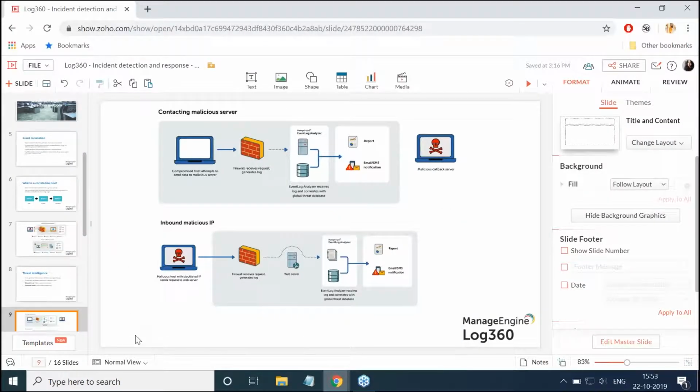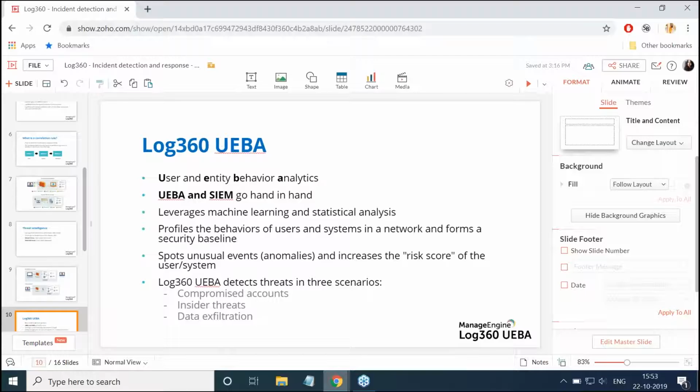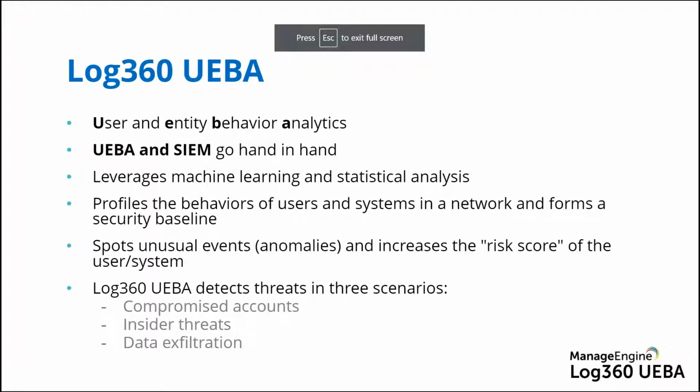Now, the final incident detection method that we are going to be talking about is user and entity behavior analytics. UEBA is an incident detection method which does not require any preset rules or any external information like threat feeds to identify that there is something wrong in your network.